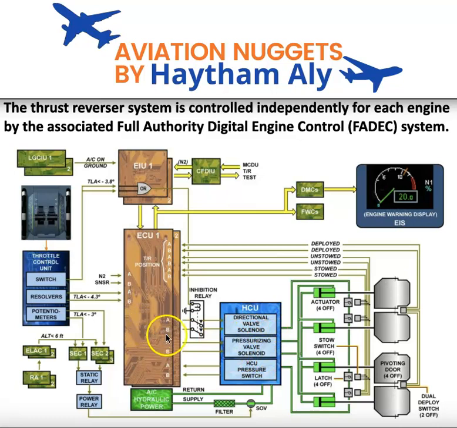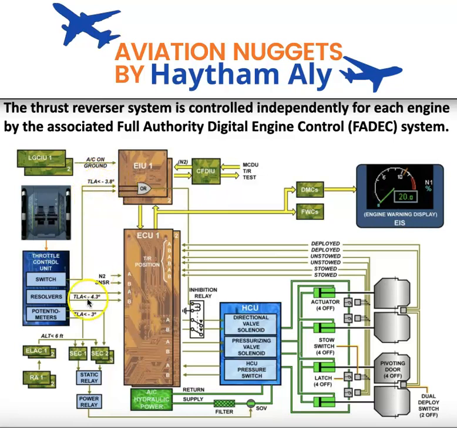But in order to allow the ECU to energize the solenoid of the directional valve, the inhibition relay must be closed thanks to the EIU. So this is the second line of defense management computer, and the second action to happen when the throttle lever angle is less than minus 3.8.